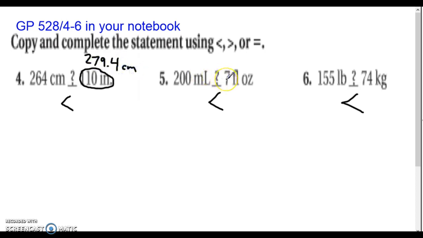For this one over here, I changed the second one as well, and I got that was equal to 207.011. So this one would be greater. And then on this last one, I got that the 74 kilograms was equivalent to 162.99 pounds. So that one was larger as well.